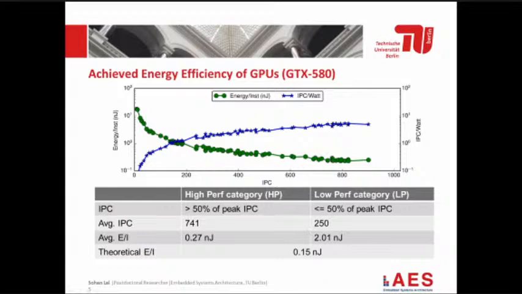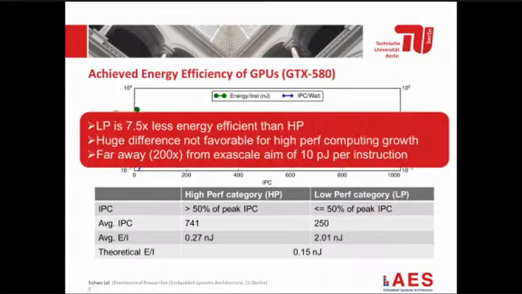If we put these numbers into perspective, the low performance category is 13.5 times less energy efficient than the theoretical energy efficiency that is possible on this particular GPU. Further, the low performance category is 7.5 times less energy efficient than the high performance category. This is a huge difference, which is not favorable for the growth of high performance computing.